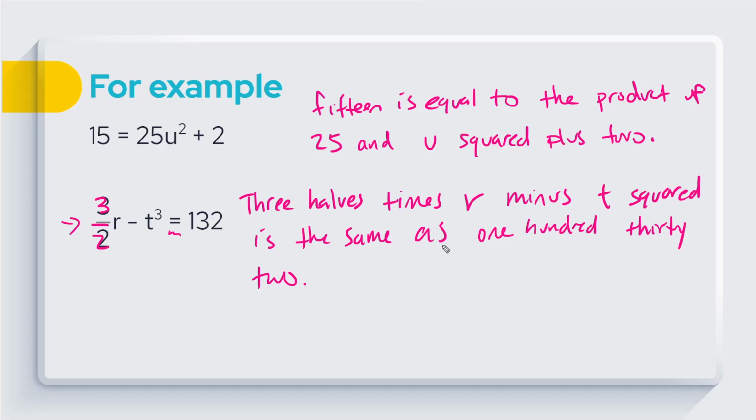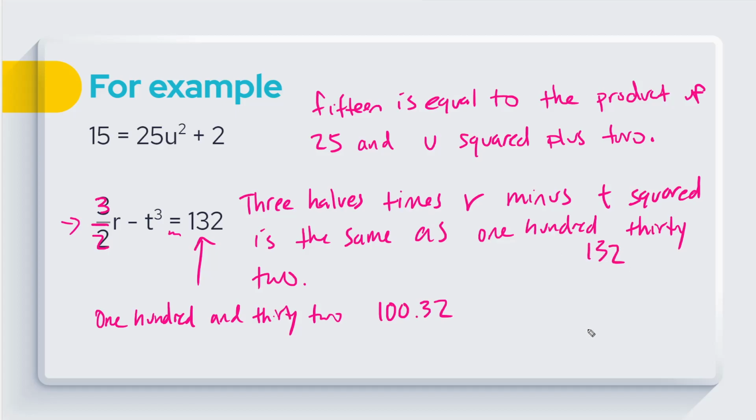I would just like to remind you that this number is 132, not 100 and 32. And really what's going on here is that when you use the word and, that usually signifies a decimal point. So 100 and 32 is kind of like this, whereas 132 is this right here.